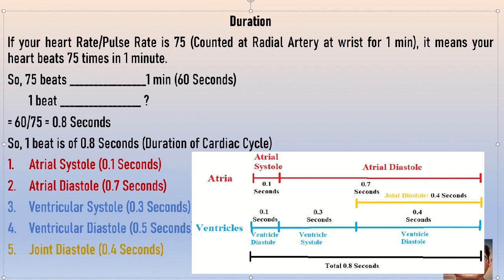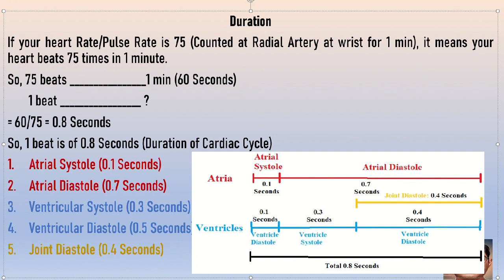Now the point to note down here is this 0.8 seconds duration is not separate for atrial events and ventricular events. These are intermingled, which means when the atrial systole is going on, ventricles are in relaxation phase, that is diastole.